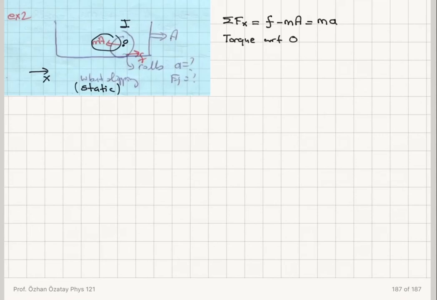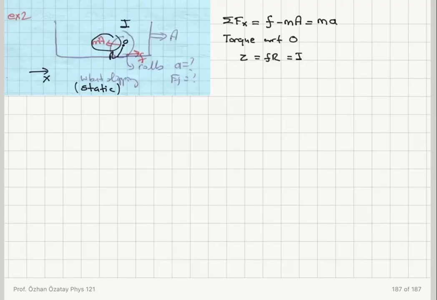So let's take torque with respect to the center. Then I will have the torque equals, let's say that this has radius r, F times r, and it is causing counterclockwise rotation.